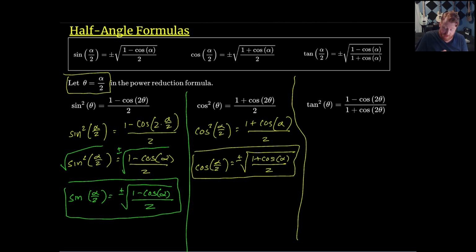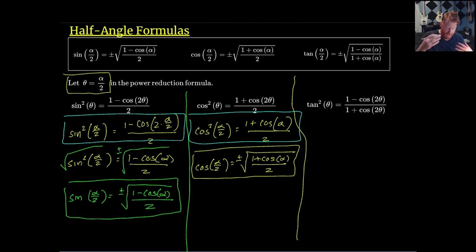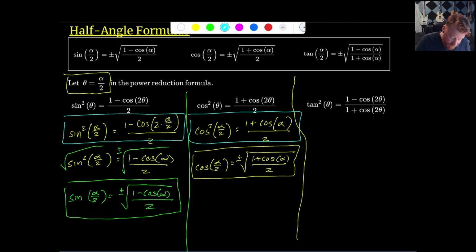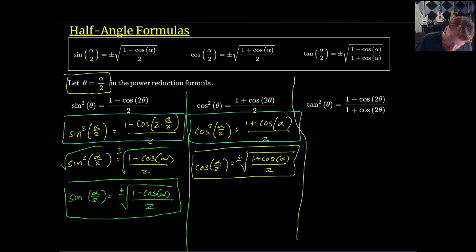Okay, and now to get tangent squared, we're just going to use what we knew about sine squared of alpha over 2 and cosine squared of alpha over 2. Before we take the square roots, tangent squared of alpha over 2 is sine squared alpha over 2 over cosine squared alpha over 2. Then I can make those substitutions.